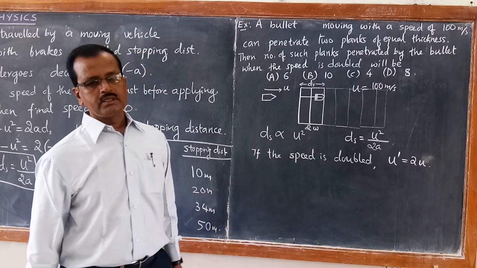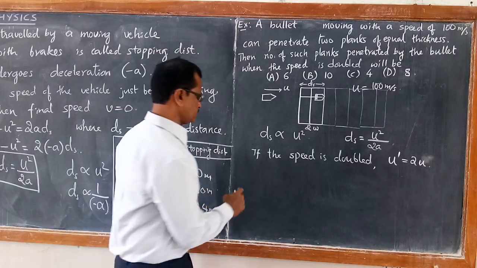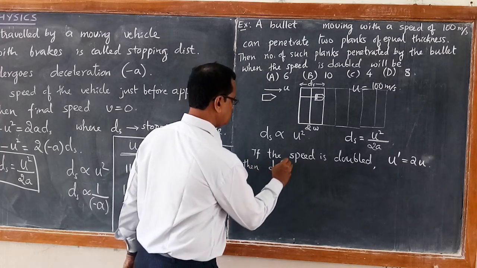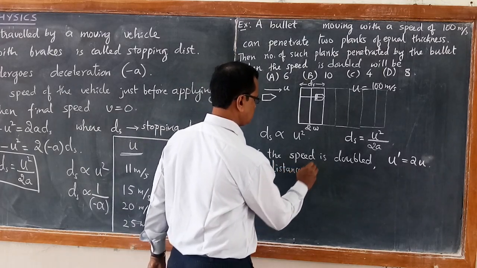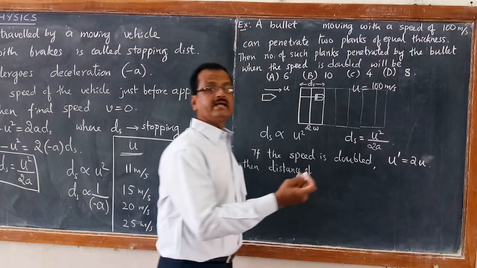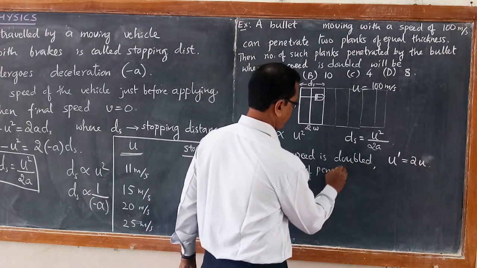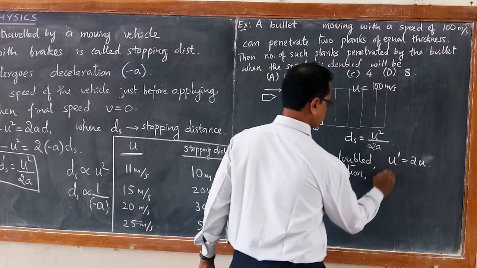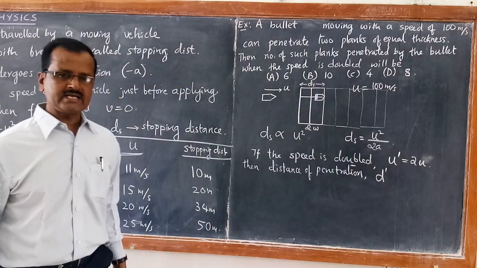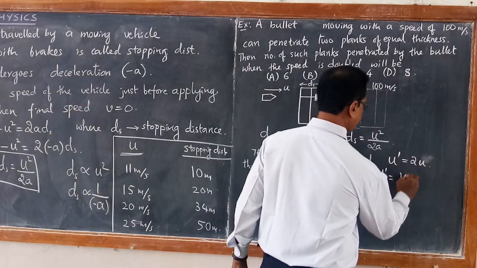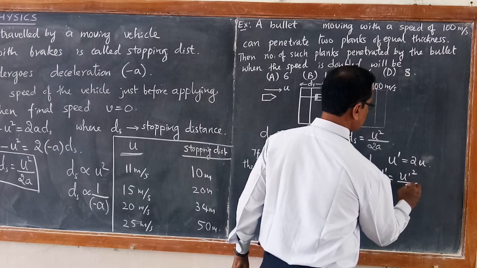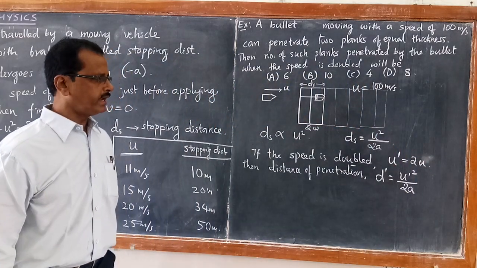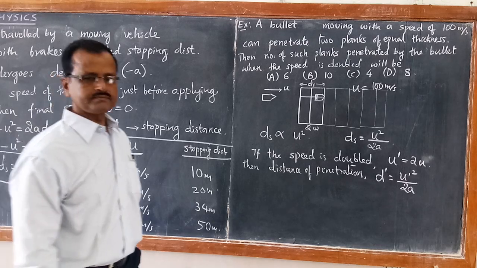Then what happens to the distance of penetration? The distance or length of penetration, ds dash, is equal to u dash square upon 2a.